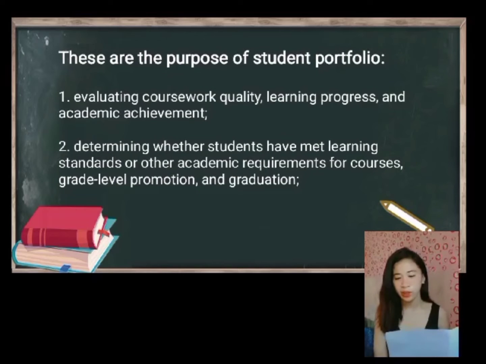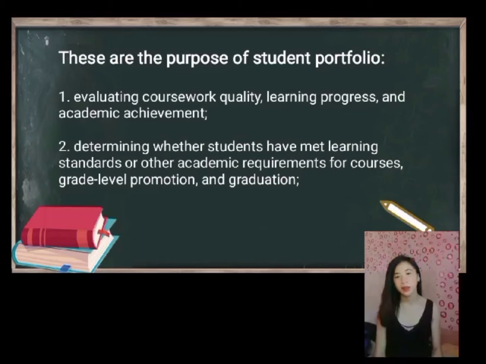We proceed to the purpose of student portfolio. First, evaluating coursework quality, learning progress, and academic achievement. Coursework is a practical work or study done by a student in partial fulfillment of a degree or training.